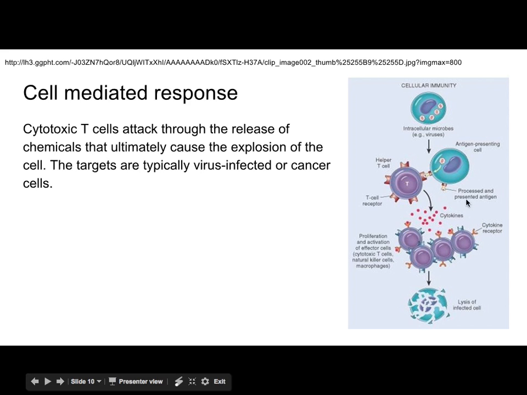So when these activated T cells find a cell that happens to have those antigens, it will attack in such a way that it causes that cell with the antigens to lyse. It'll explode on us. What cells do these target? These target virus cells and cancer cells.